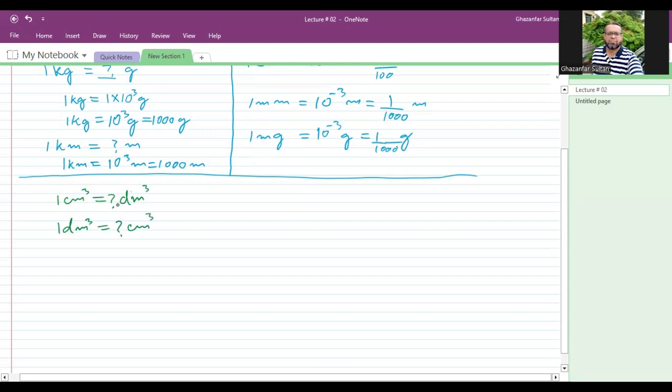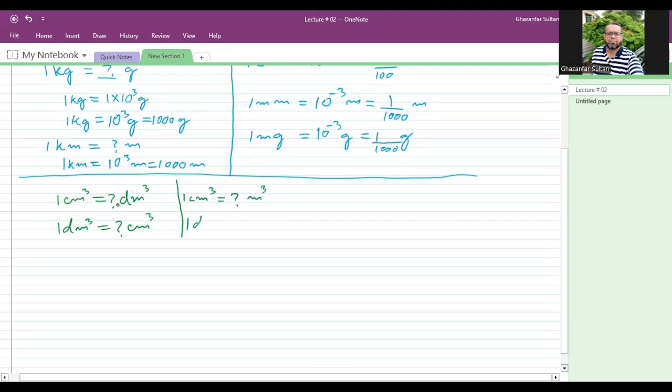The problem arises in such cases. Or see one more case: 1 centimeter cube is equal to how many meter cube?